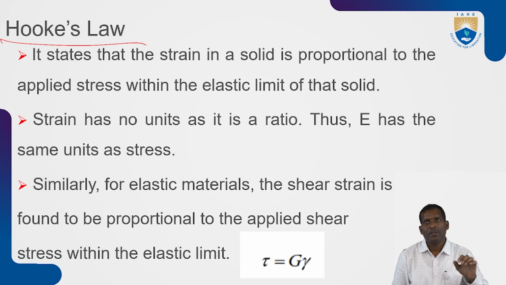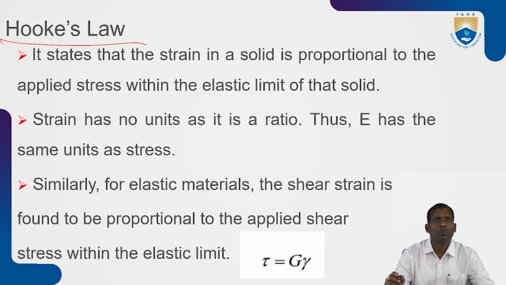The strain in a solid is proportional to the applied stress within the elastic limit of that solid. So that is sigma, stress, directly proportional to the strain. Strain has no units as it is a ratio.